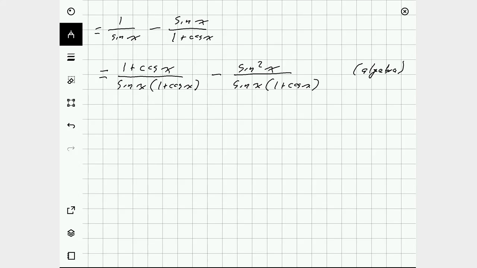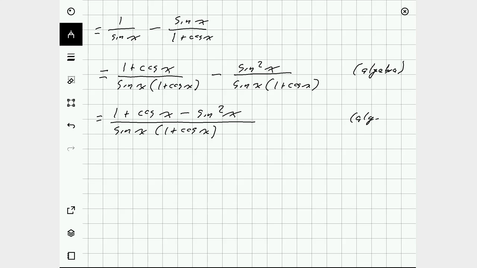Now that I have common denominators, I can subtract across the numerator. Again, just doing a little bit of algebraic manipulation. My denominator is nicely factored. I could multiply that out if I want to, but keeping things factored is probably going to serve me well.